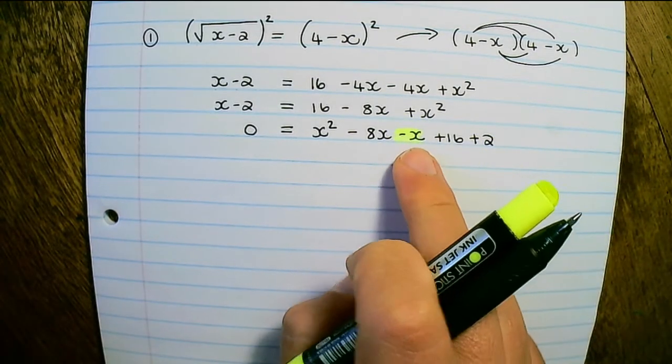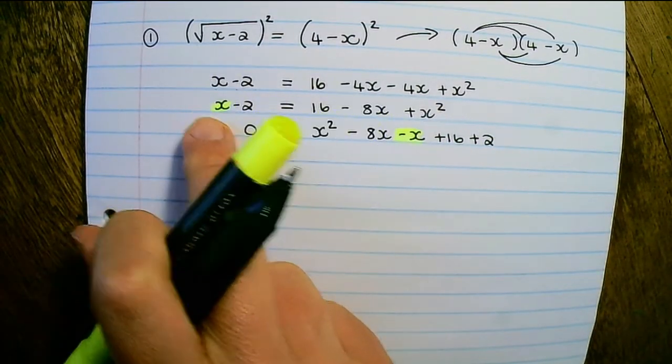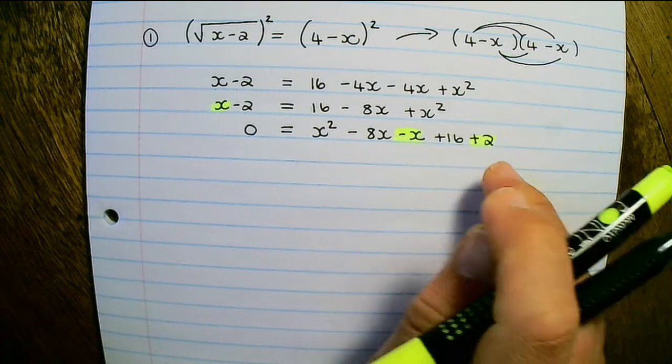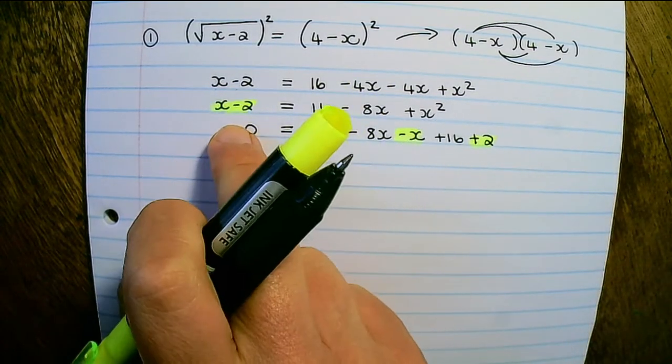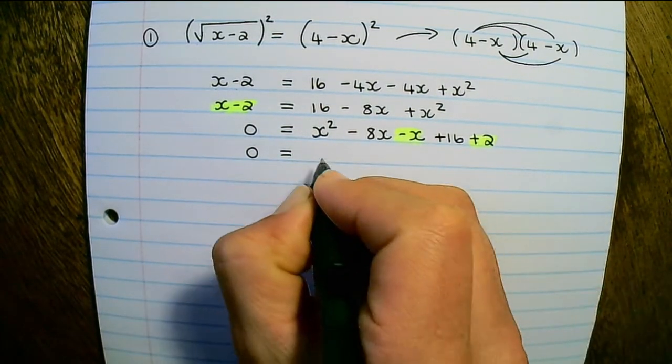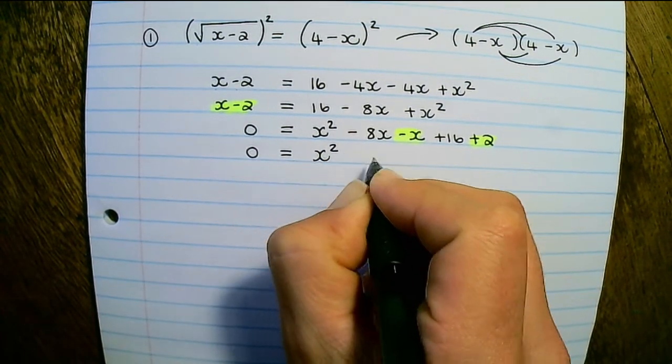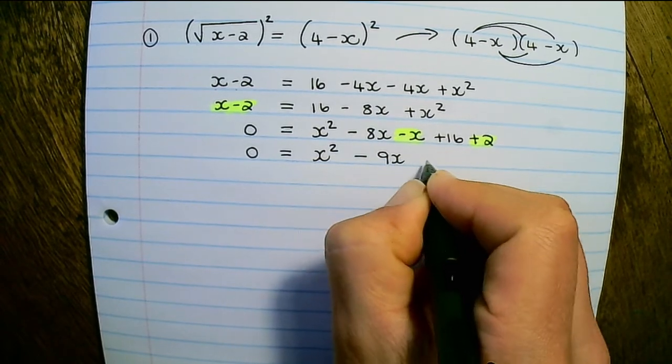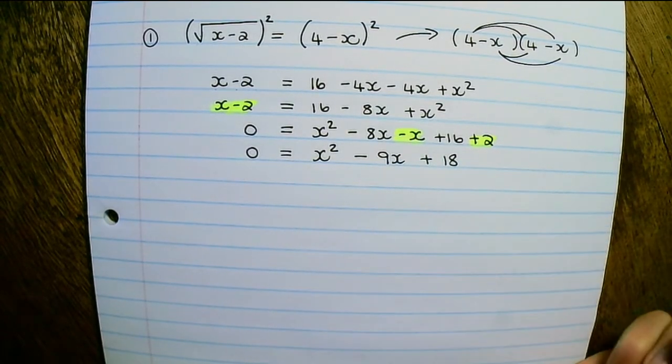So the minus x comes from transposing the x, and the plus 2 comes from transposing the negative 2. And now if I simplify further, I have x squared minus 9x plus 18.